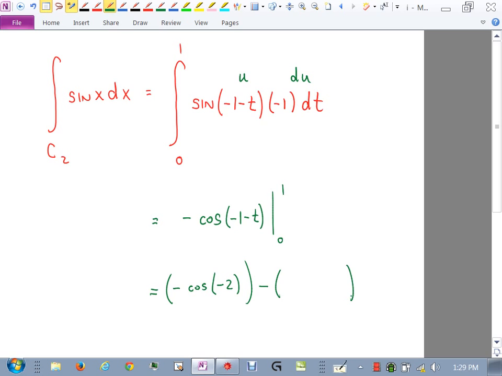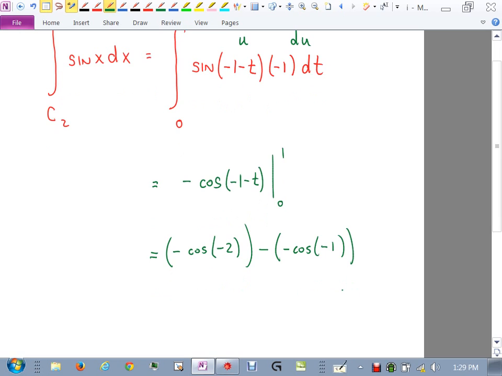What do we get there? Negative cosine of negative 1. I could write this as negative cosine 2 plus cosine 1. Is that a fair assessment? Cosine of negative 2 is the same as cosine of 2, and then negative negative is positive, and cosine negative 1 is the same as cosine 1. That's good. That's some number.